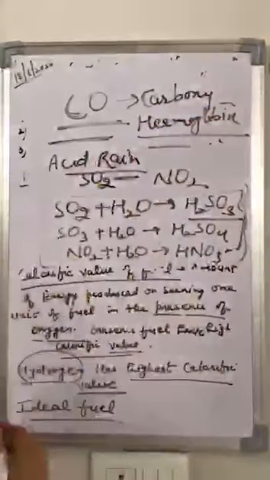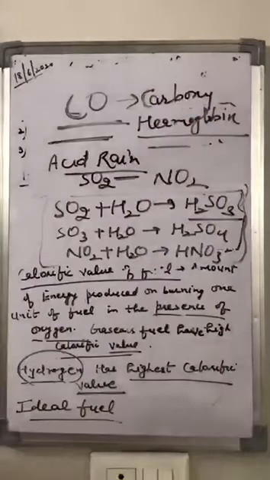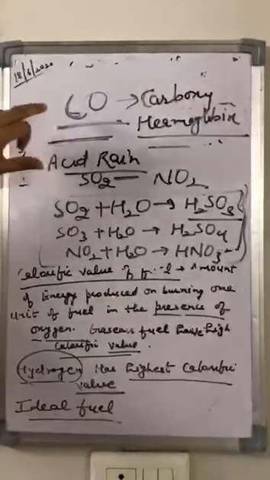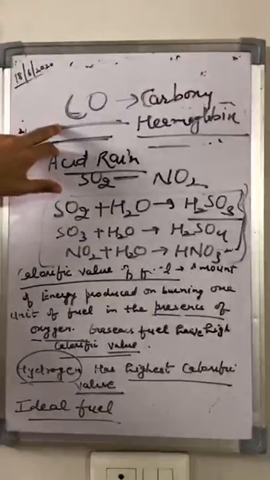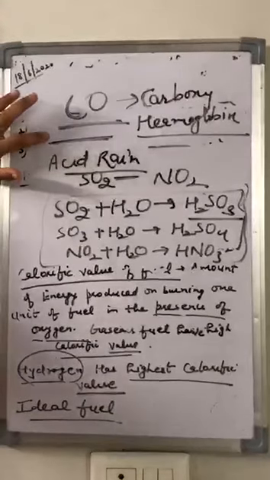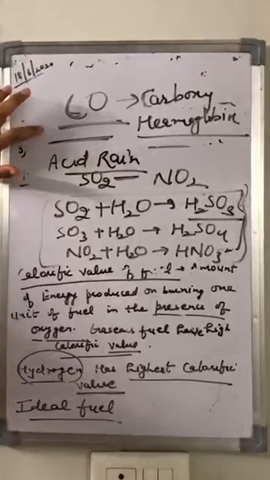This carboxyhemoglobin does not allow oxygen to go inside. It resists the supply of oxygen in the body. And sometimes if there is continuous inhalation of carbon monoxide, it leads to death.